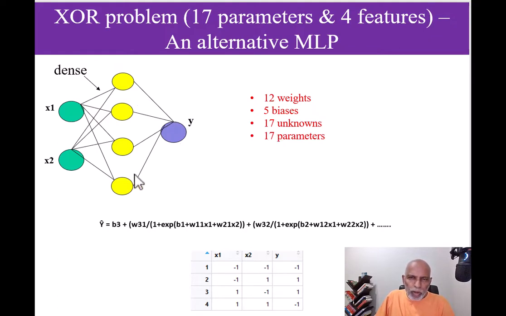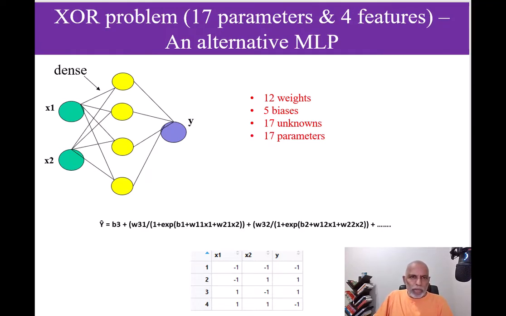If you have this one, you can solve this problem also, because each of these combinations of values can solve this problem using 4 hidden layer neurons. But in this case the number of parameters is many and it's different.